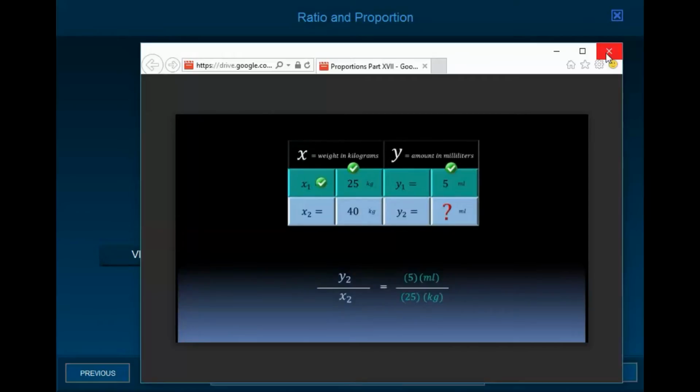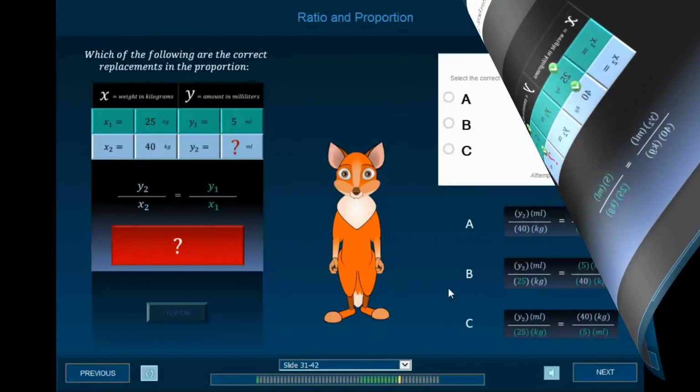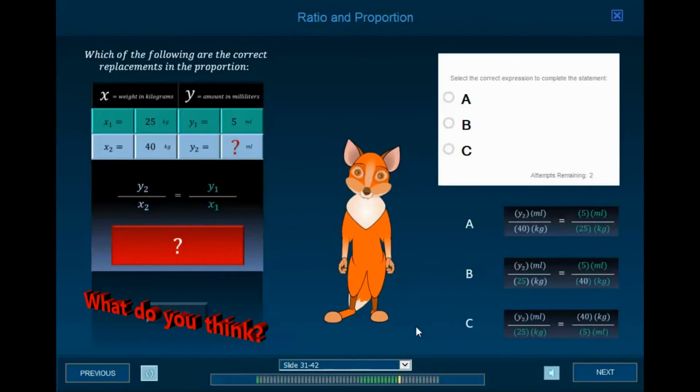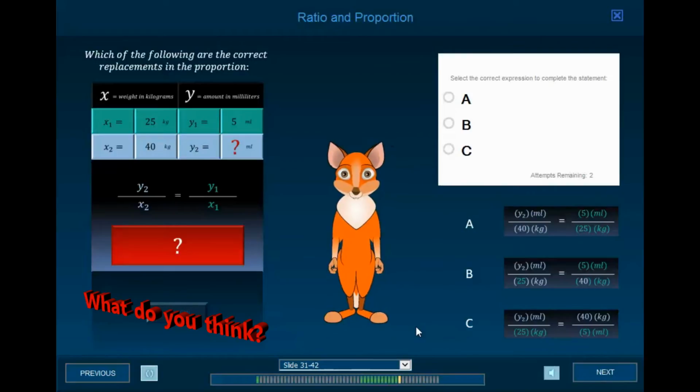X sub 2 is 40 kilograms, and we replace x sub 2 with the value 40 kilograms. And we want to find y sub 2, how many milliliters? Which of the following are the correct replacements in the proportion?